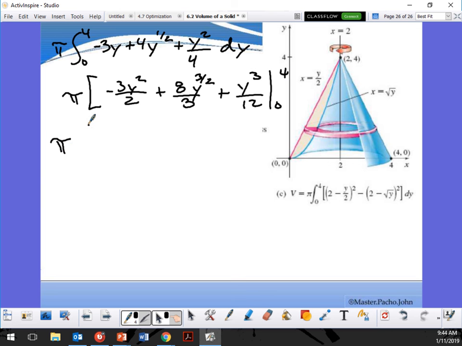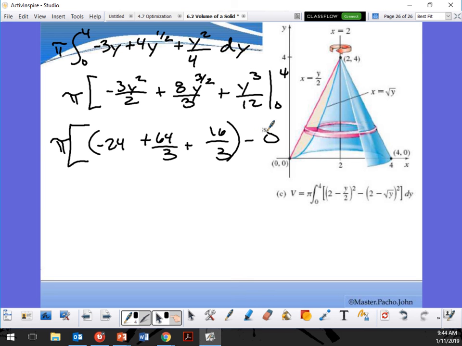Pi times negative 24 plus 64 over 3 plus 16 over 3, all minus 0.